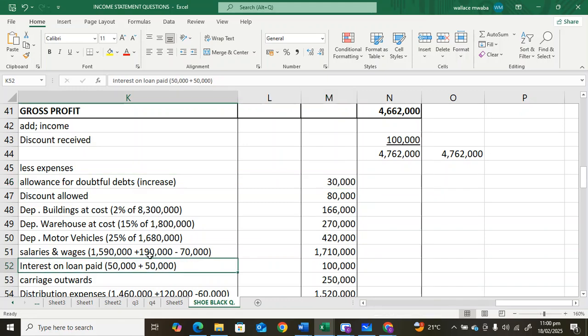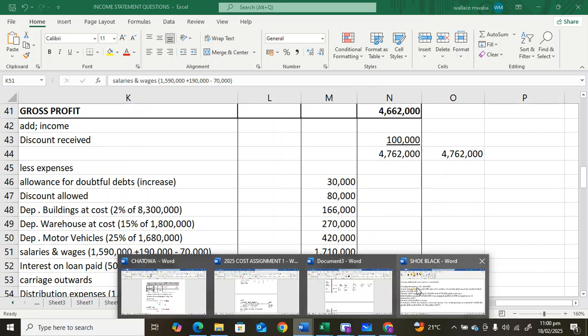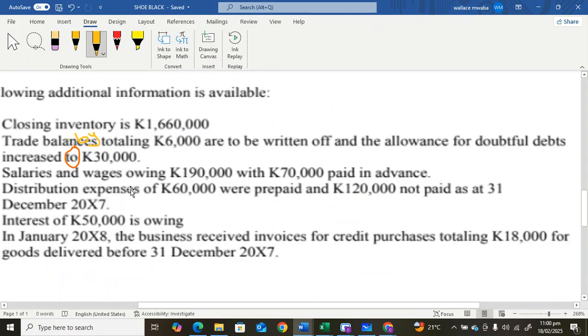Okay. Salaries and wages. There was information they gave us about salaries and wages. It says salaries and wages were owing 190,000 and 70,000 paid in advance. For those who were in the first class, when we looked at this, what did we say about these two?